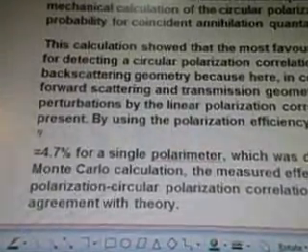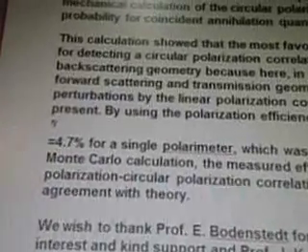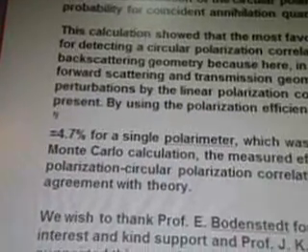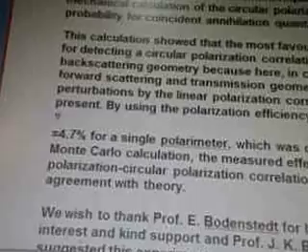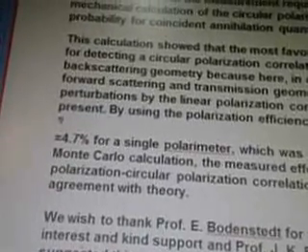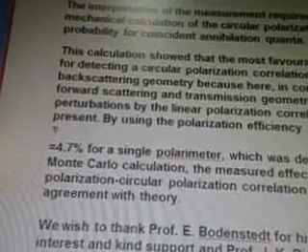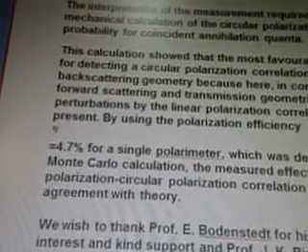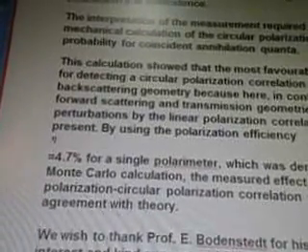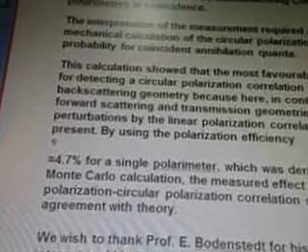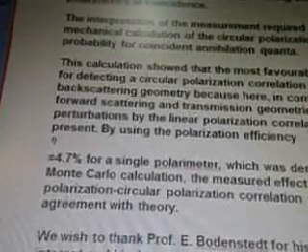This calculation showed that the most favorable geometry for detecting a circular polarization correlation is the backscattering geometry, because here, in contrast to forward scattering and transmission geometry, strong perturbations by the linear polarization correlation are not present.